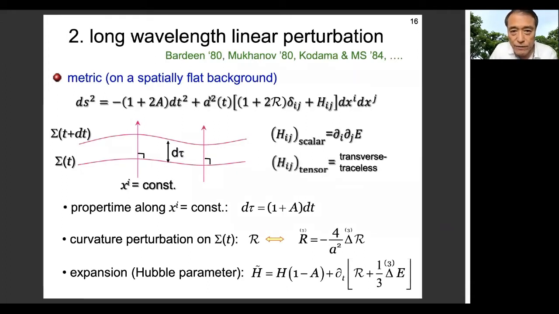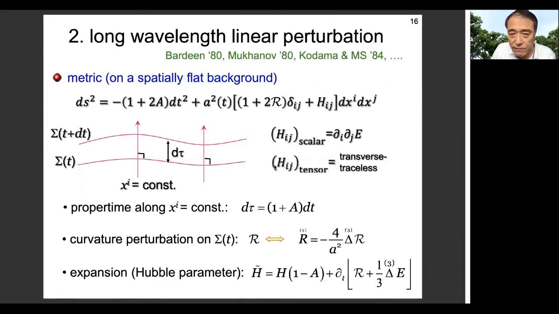Now, the space geometry has the expansion of the universe, a squared factor, and apart from that factor, you have a small perturbation in the longitudinal part, which I write as curly R, and the remaining traceless part, which can be decomposed into the scalar part and the tensor part. Scalar is just a derivative of some scalar function.